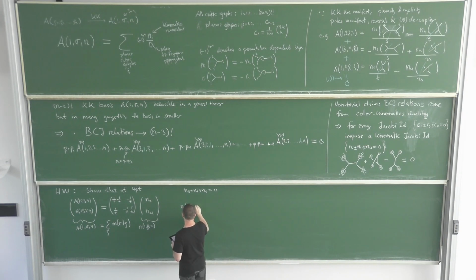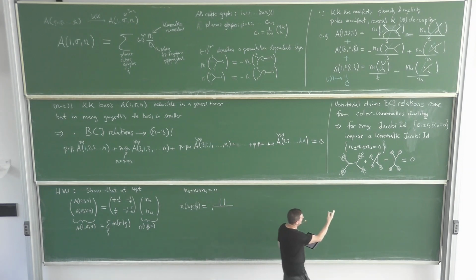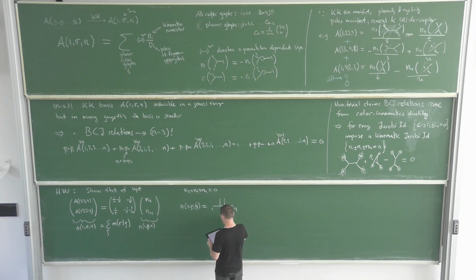So 1 rho 4 is my half-ladder graph that I said was a good basis for the color factors, and since we're treating color factors in the same way as kinematic factors, I might also use it as a good basis for my kinematic factors. Let me call this sigma.